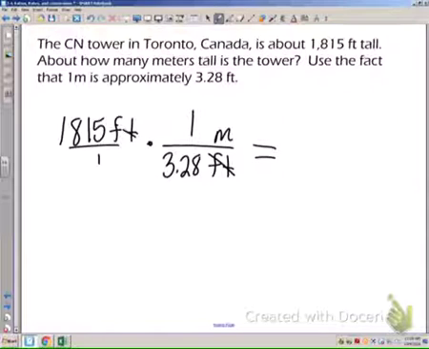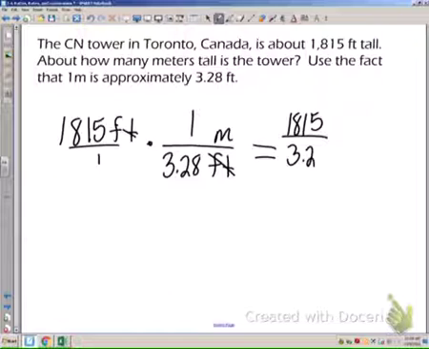So I end up with feet cancel, feet cancel. If I multiply straight across, I get 1,815 divided by 3.28, which, I can't do that math in my head, is 553 meters. I had to cheat.